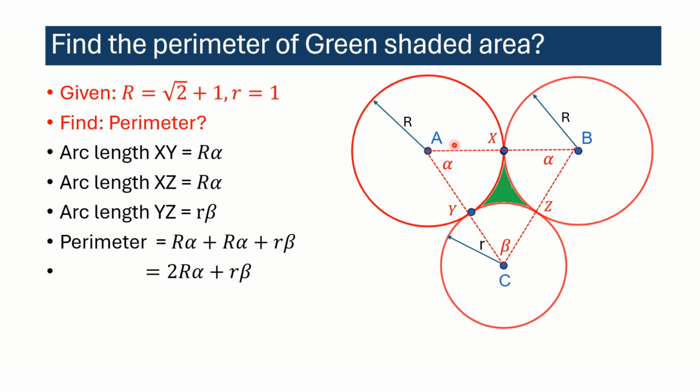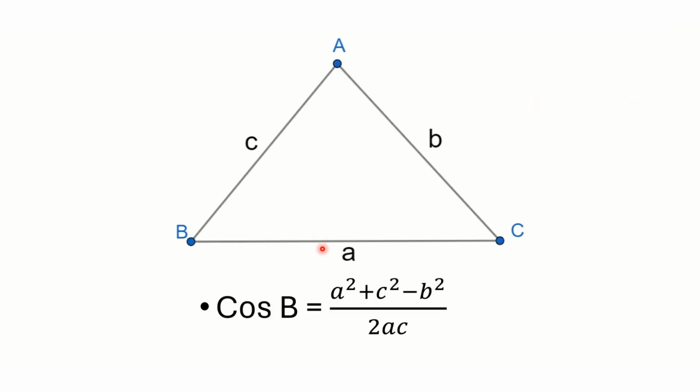You know the side lengths. This length will be R plus R, that is 2R, and this is capital R plus small r, and this will also be R plus small r. So you know all the side lengths, and if you know the side lengths, you can always calculate the angles, and this can be done using this formula.